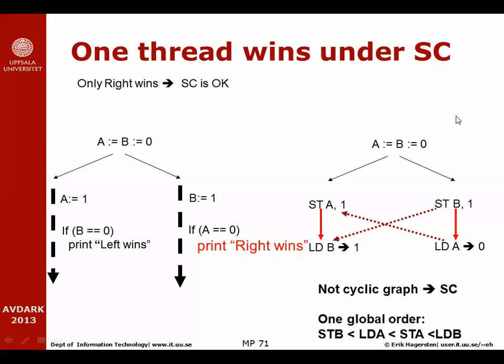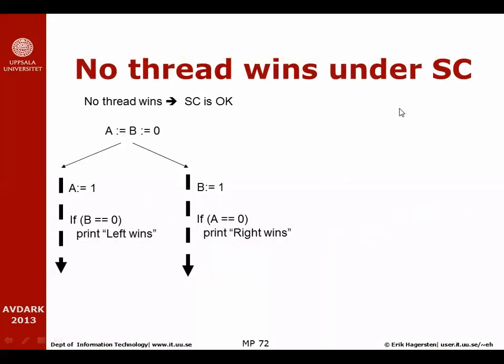What about if both of them lose? Is that possible to happen under sequential consistency? Well, remember that Dekker said that's an okay outcome of this algorithm, but if that happens, could we still say that this is a sequentially consistent system? So here I have a situation where both left and right sadly lose this game.